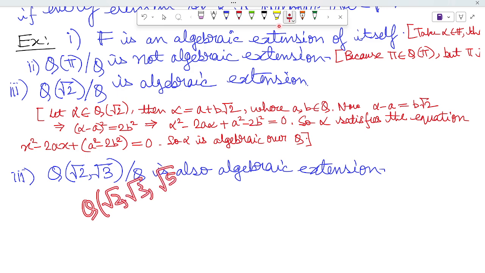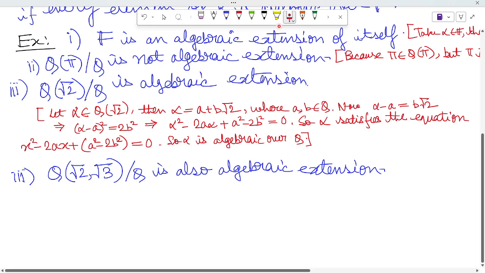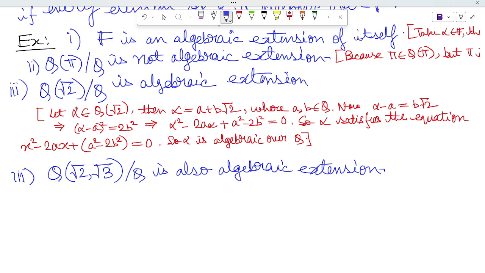The element itself looks like a very big element, and finding an equation will take more and more time, and you will definitely end with a silly mistake, and the equation will be wrong. So by definition, finding an equation will be a very laborious task. There will be some characterization of algebraic extensions. We will do it one by one, don't worry.